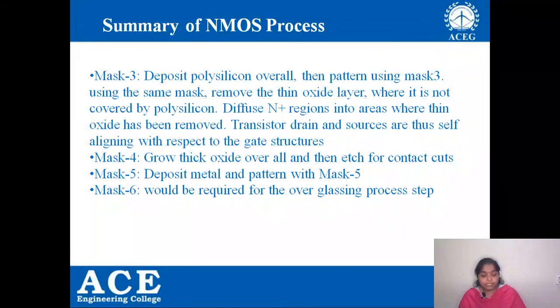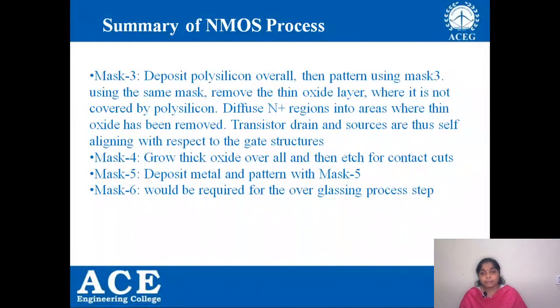So these are the different steps involved in the fabrication process of an NMOS transistor. What we have seen in this class: we went through oxidation, photolithography, and the etching process in order to select a particular area to construct anything. That means it may be the gate, the source, or the drain. So what do we require to fabricate?